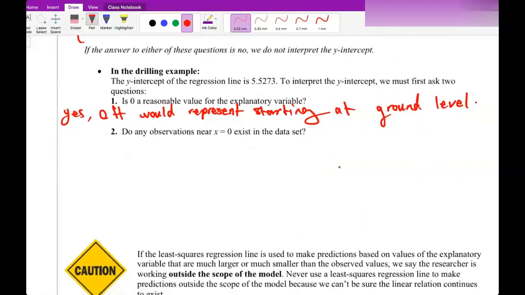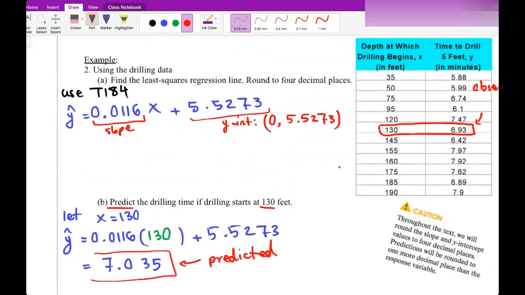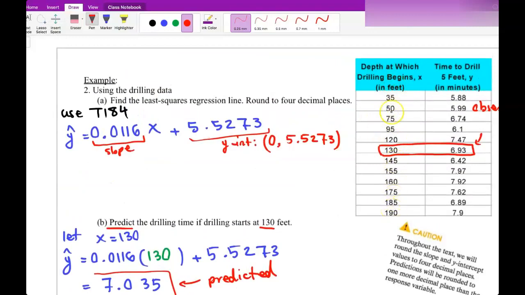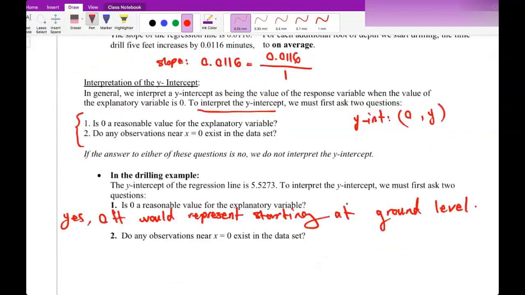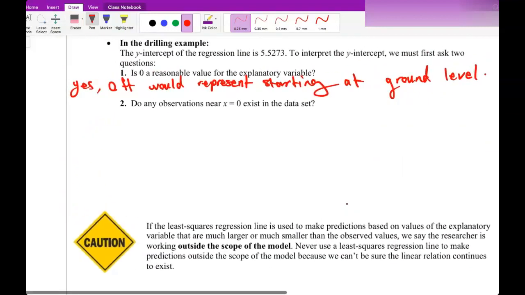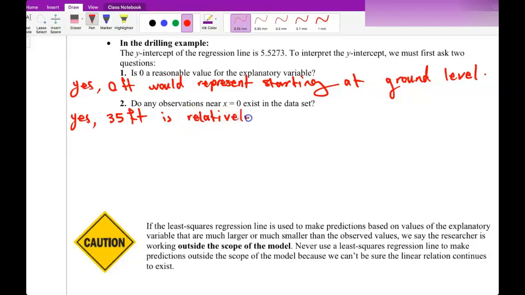Do any observations near x equal to 0 exist in the data set? So the closest one that we have here to 0 is this point, 35. So yes, this is relatively close to 0.